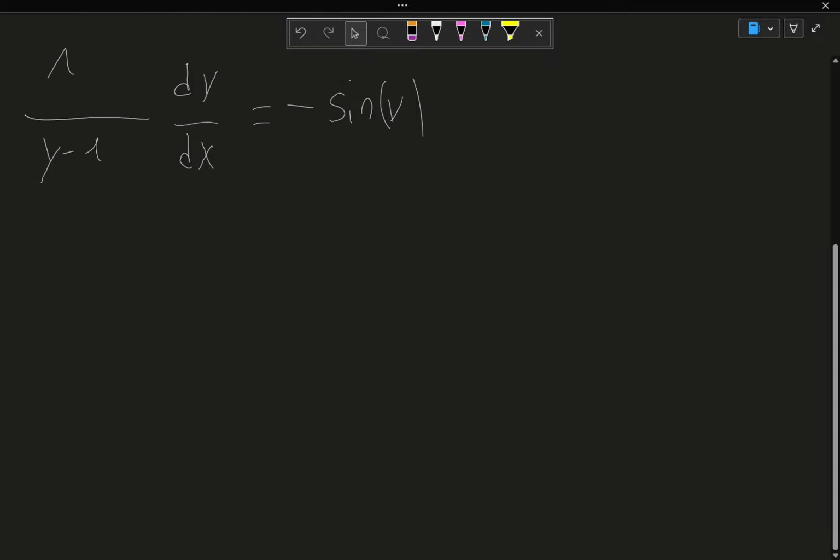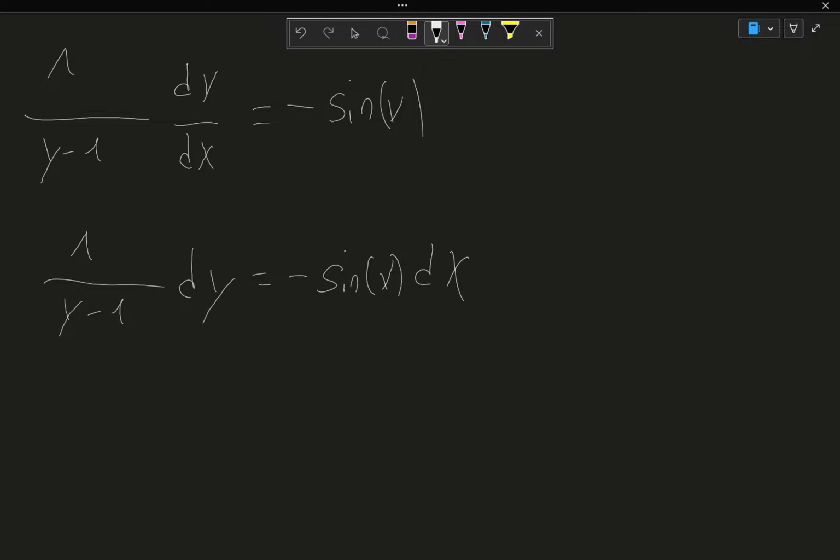So now we have our y's on this side and our x on the other side, so we just multiply by dx, so we can integrate both sides. So we have 1 divided by y minus 1 dy is equal to minus sine of x dx.